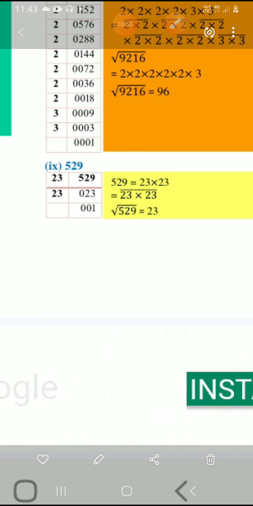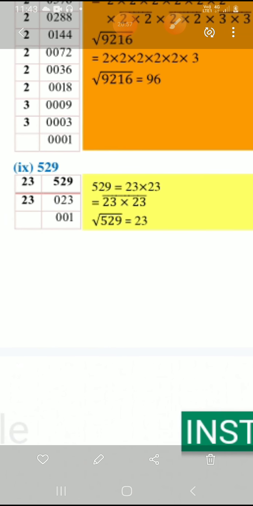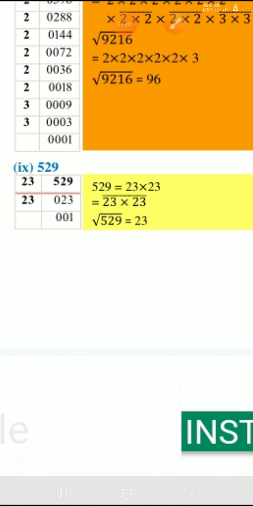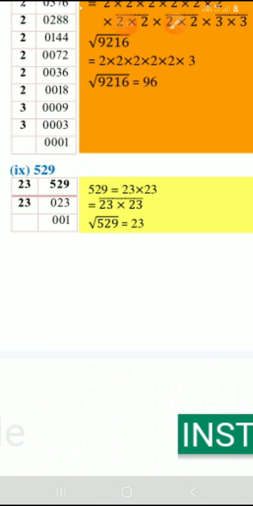Okay, so for the last problem, 529, we can take one single pair, 23. 23 into 23, so you can directly write it. It is not a rule that we have to start from the smaller number 2, but we start with the smaller number 2 because when we take the smaller numbers it is easy to divide the numbers.